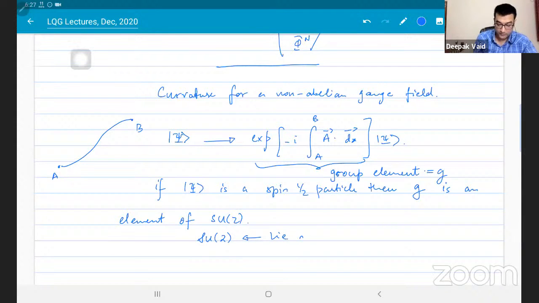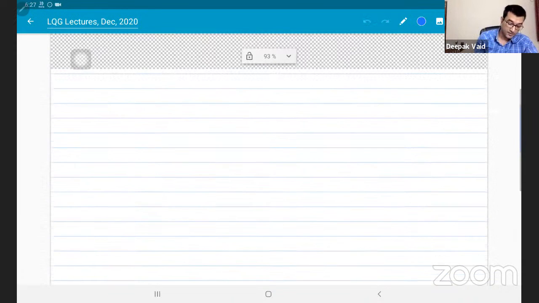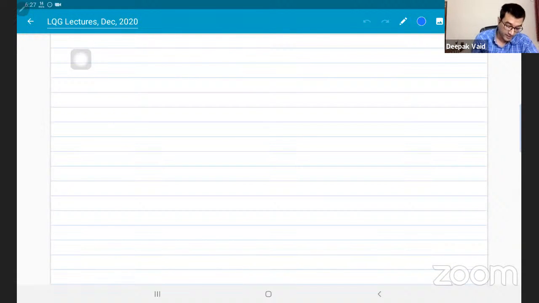This is the Lie algebra of SU2, and the generators of SU2 can be written in terms of the Pauli matrices: sigma X, sigma Y, sigma Z. These are the generators of SU2, and I can write down any element of SU2 by exponentiating these generators.